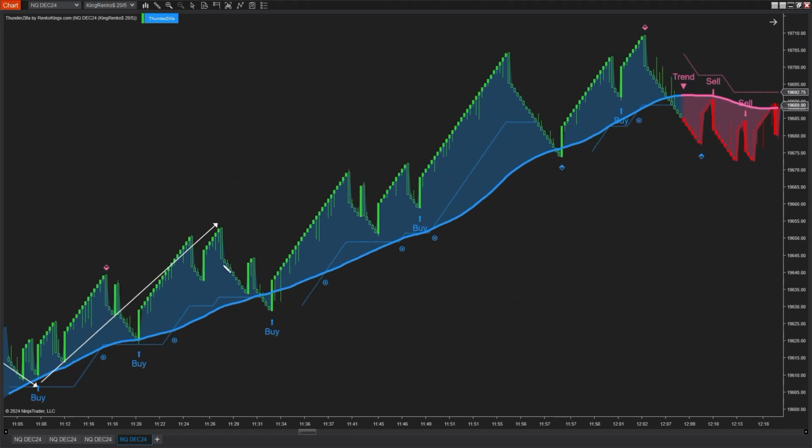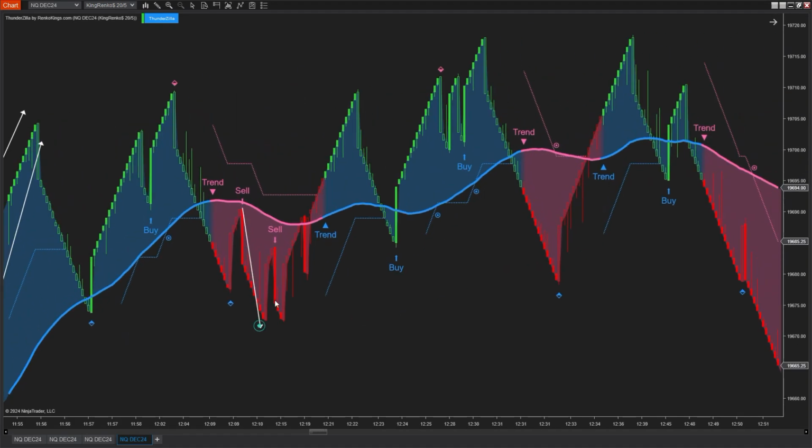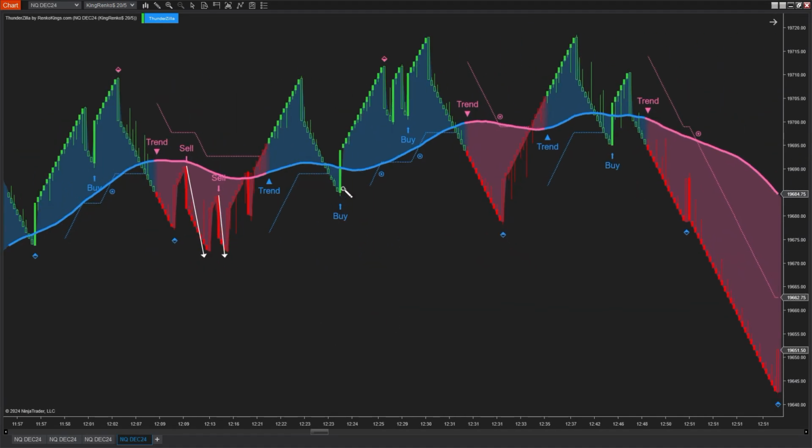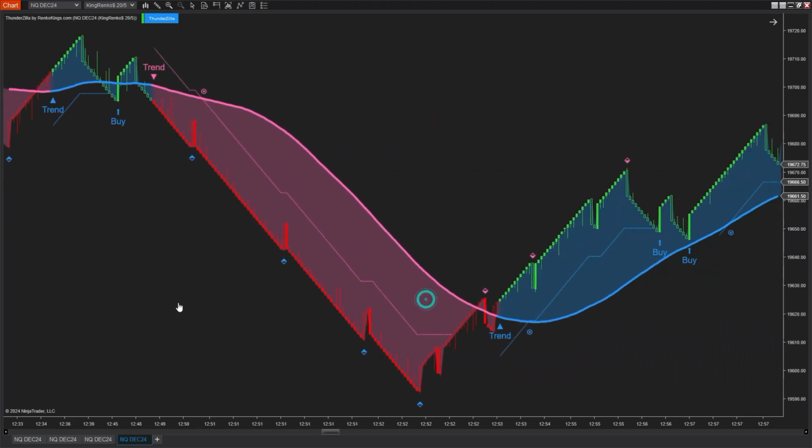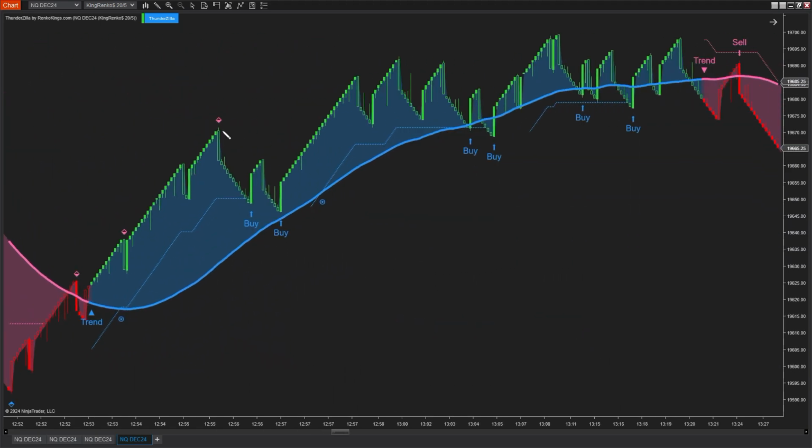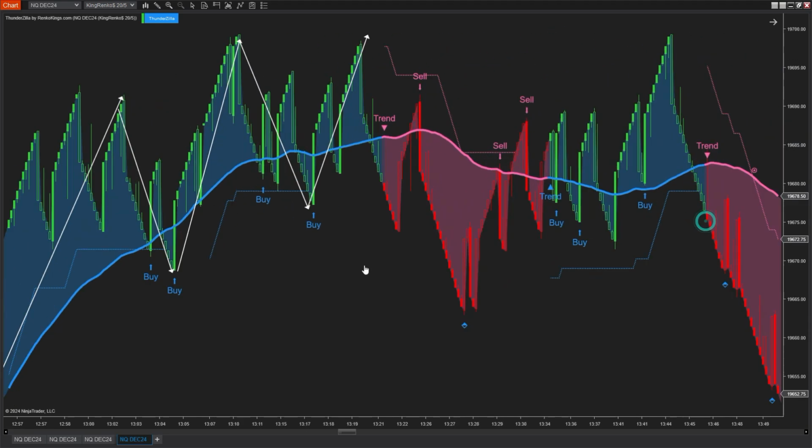But what really makes ThunderZilla stand out is its ability to catch pullback signals. It identifies those right at the end of a retracement, just when the market is about to turn back and follow the main trend again. This is super useful because it helps you avoid those moments when a trade signal comes either too late or too early, which we all know can be frustrating and risky.